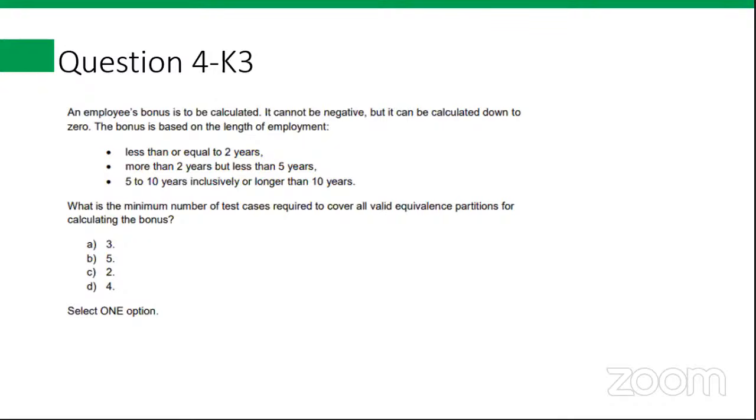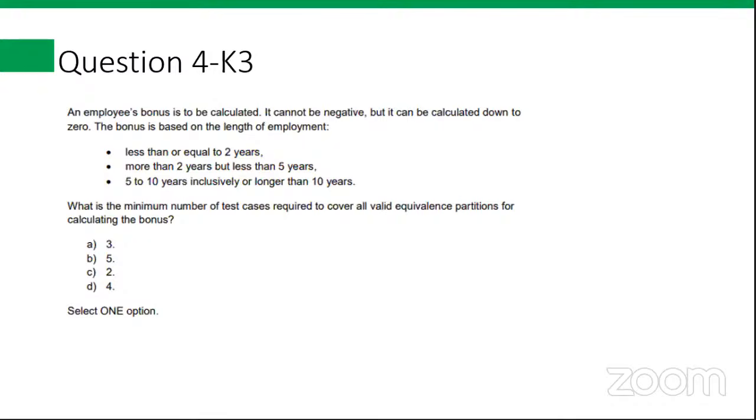Here the chances of selecting option 3 are very high, because you have 3 bullet points, 3 partitions, so you'll jump to the conclusion that 3 is the number of test cases required. But if you carefully observe the question, you will see a keyword, or, put between the two: 5 to 10 years inclusively or longer than 10 years.